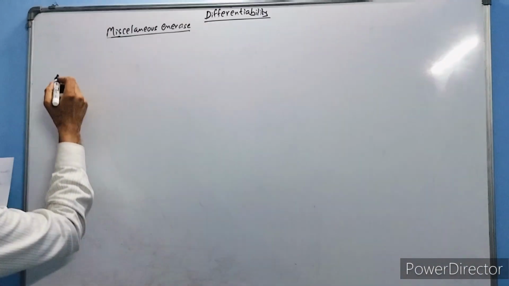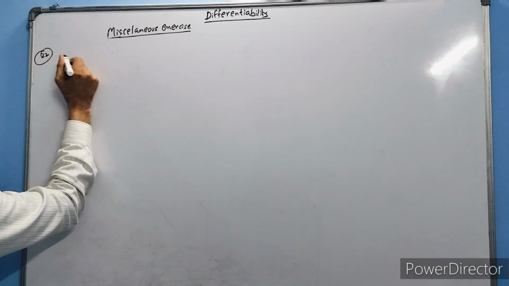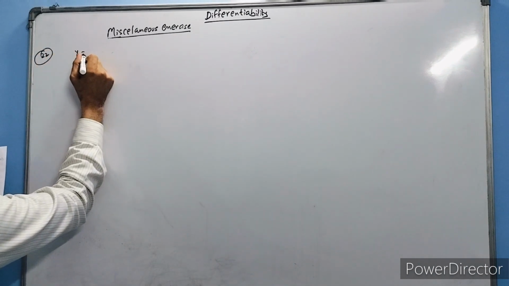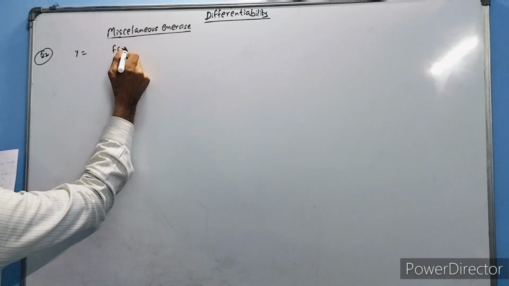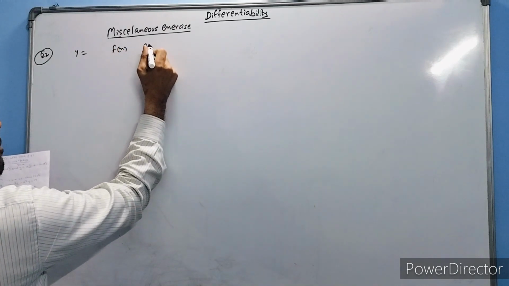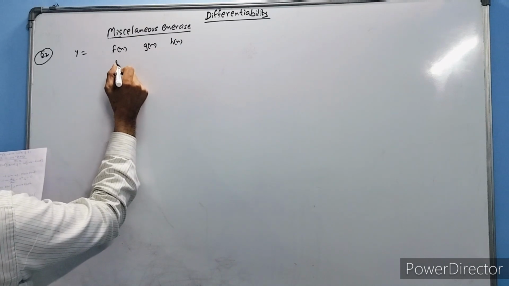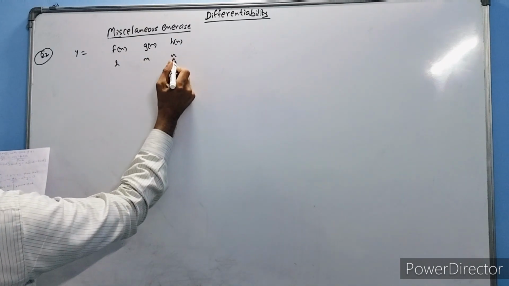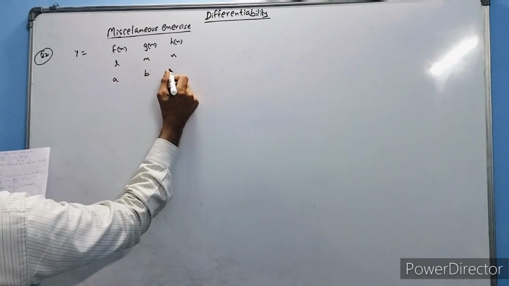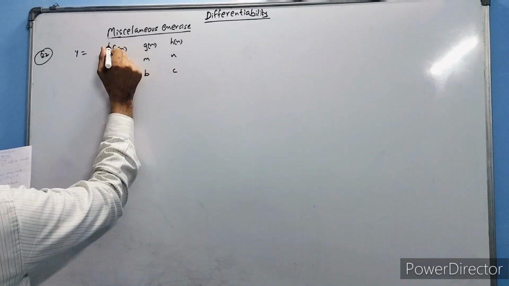They have given, if y is the determinant of f(x), g(x), h(x), and so on. Okay, they have given the question on determinants. We have studied determinants, that's the third chapter.